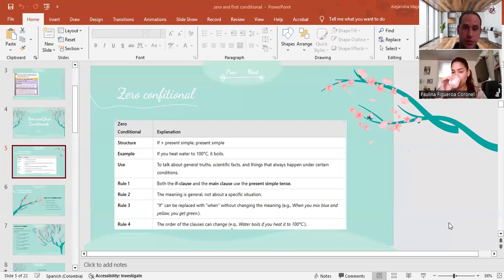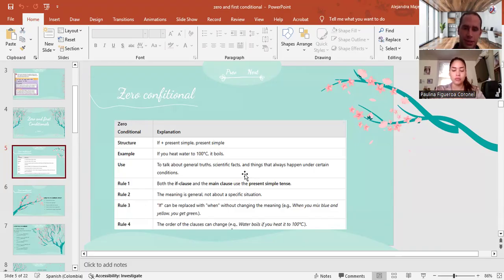And what about the uses? Let me share my screen. Let's do this quickly, and then we can start with the new topic. So we use zero conditional for scientific facts, general truths, and things that always happen under certain conditions, right?